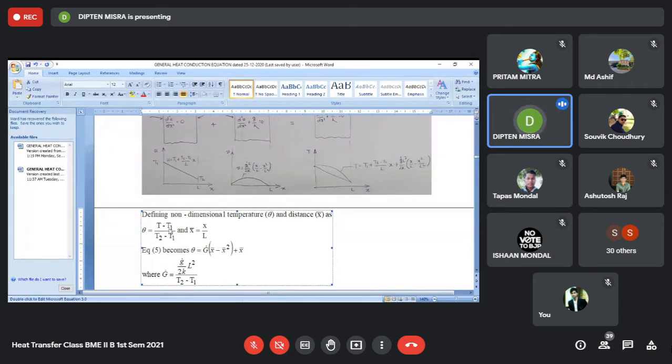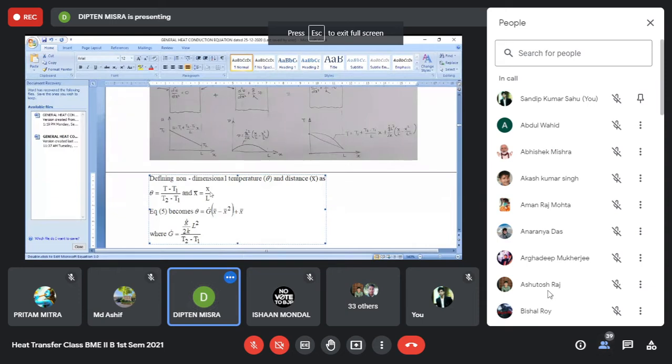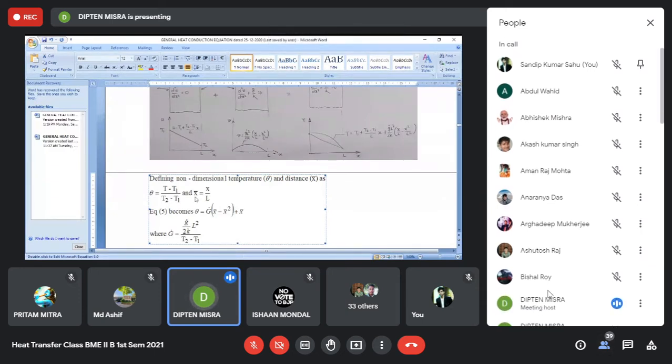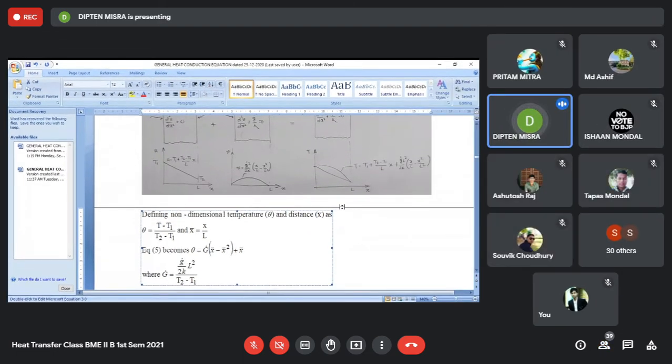Can you get my point that in this way I can use one single graph paper to calculate the value of temperature for any value of x? If I know the value of x, I can find out the value of x bar. Then on the graph paper, I can see what is the value of theta at that x bar.